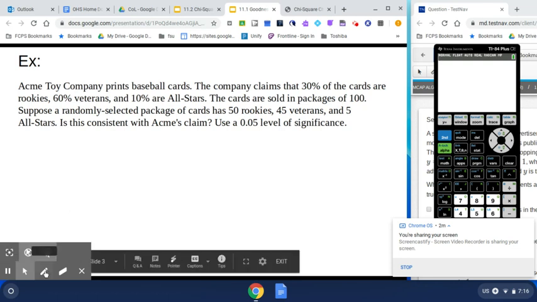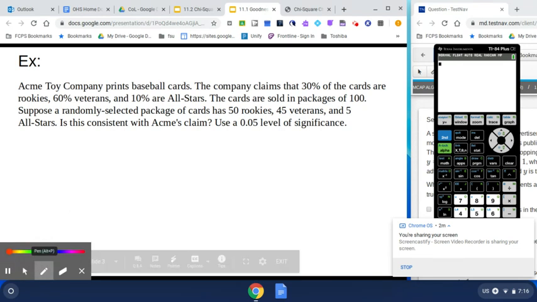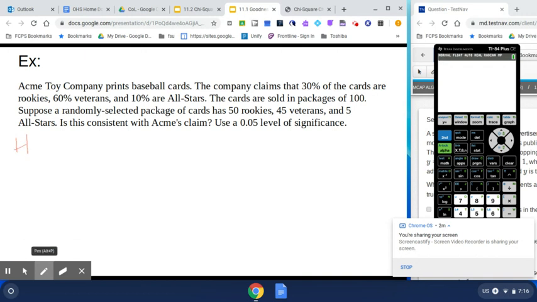Okay, so first of all, our null hypothesis is that the percentages are as stated. So 30% of the cards are rookies, 60% are veterans, and 10% are all-stars. So the distribution is as stated.